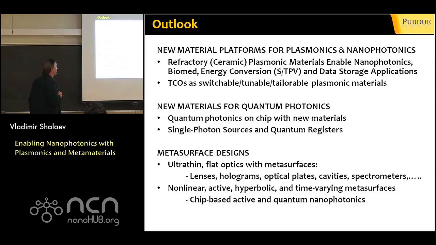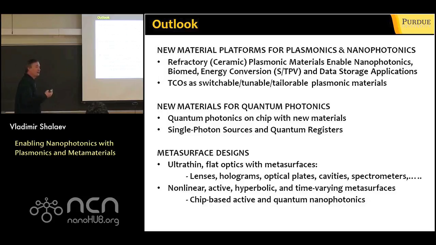Transparent conducting oxides are probably the material of choice because of the ability to switch their properties, to dramatically change their plasma frequency, to shift it, and to do it in a very fast manner, which is, of course, very critical. So you could tune and tailor the properties of these plasmonic materials.